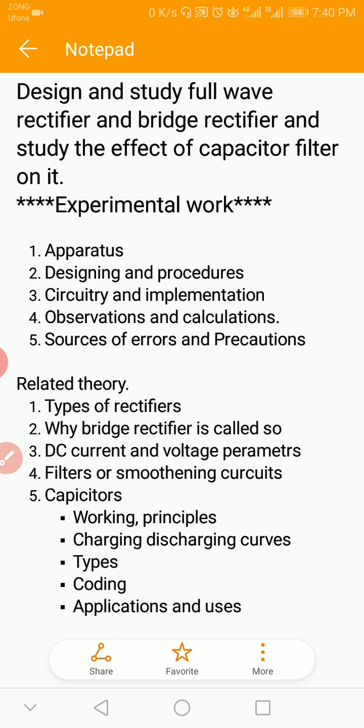Structure wise types of capacitors, composition or material wise types of capacitors, polarity wise types of capacitors, and size wise types of capacitors. Then coding of capacitors. Capacitors are coded alphanumerically, so explain it in detail. The best book for this purpose is Grob, and at the last, applications and uses of capacitors.